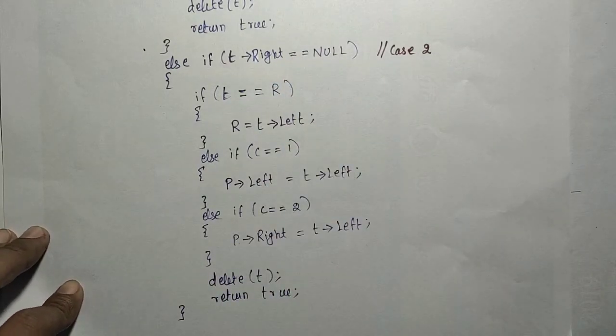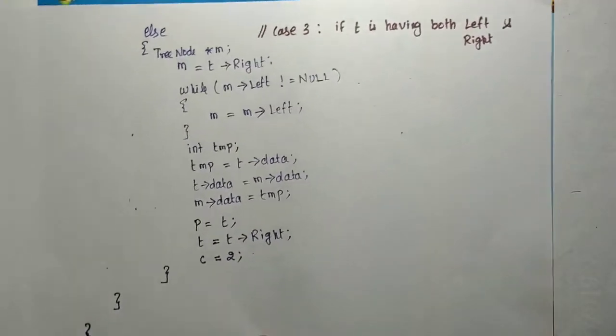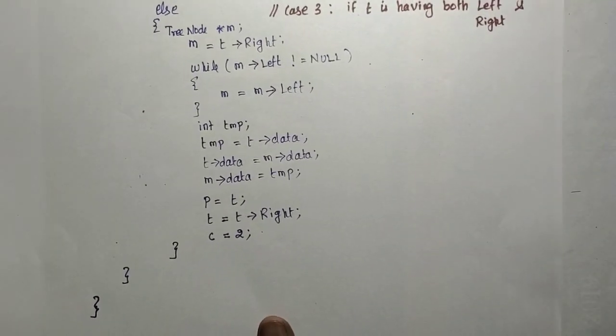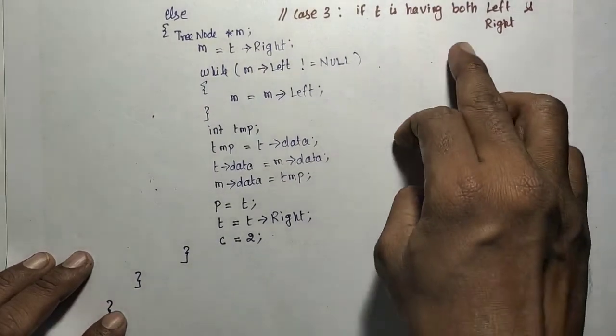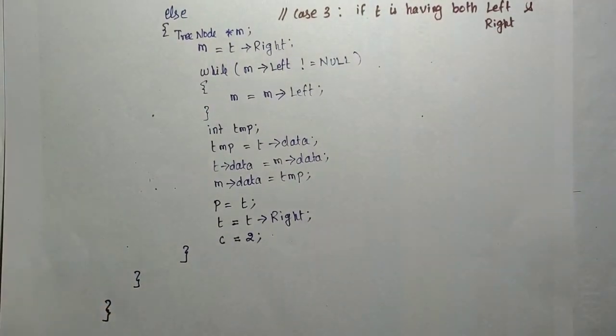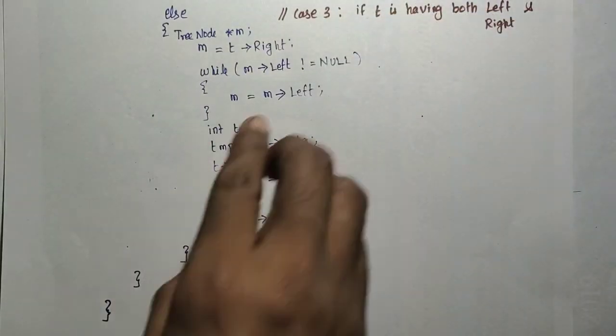In the third case, okay, that is else by default. It means that both left and right subtree are present for the T. T is having both left and right subtree. In that case, I need to choose the leftmost element from the right subtree or I need to choose the rightmost element from the left subtree, any one. Okay, so here in this algorithm we have chosen the leftmost from the right subtree.